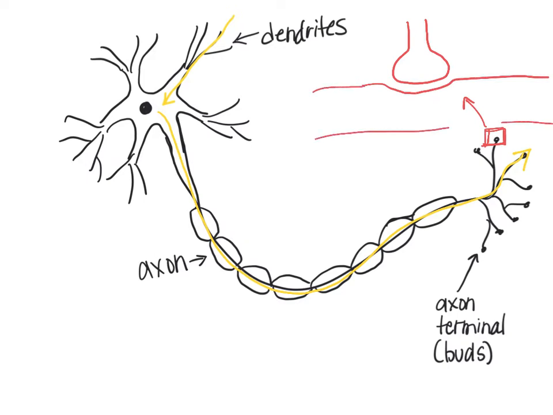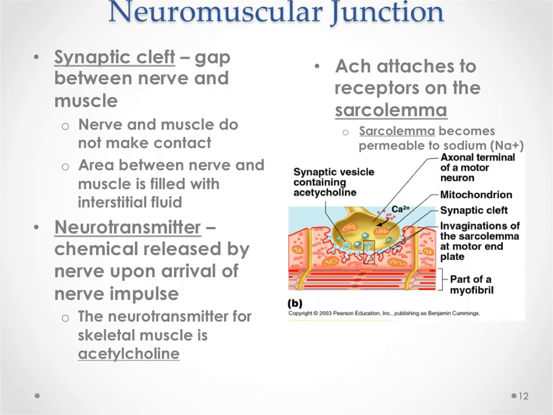The next note that we're going to be looking at is how the impulse travels from this axon terminal bud across this space into the muscle fiber. Okay, so this is what we're going to be looking at in the next part, which is right here. Okay, so the neuromuscular junction, we have the synaptic cleft.